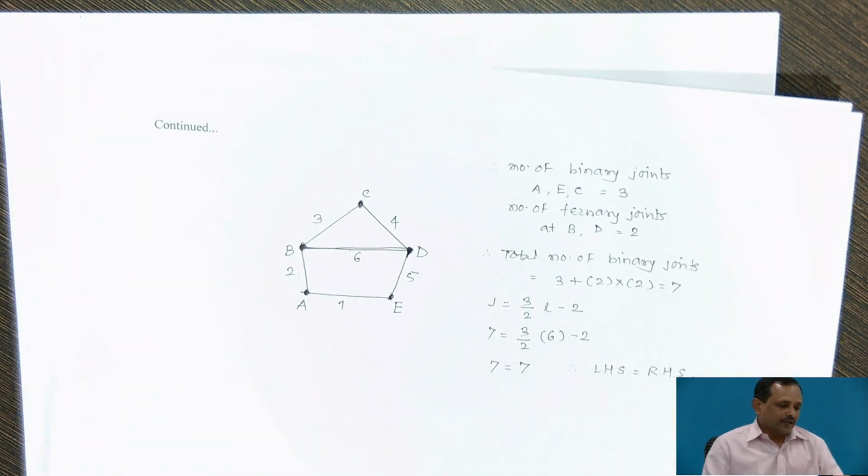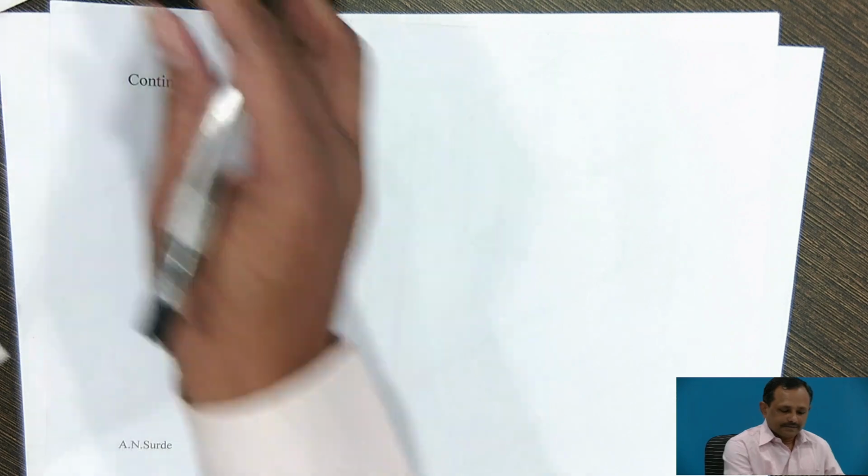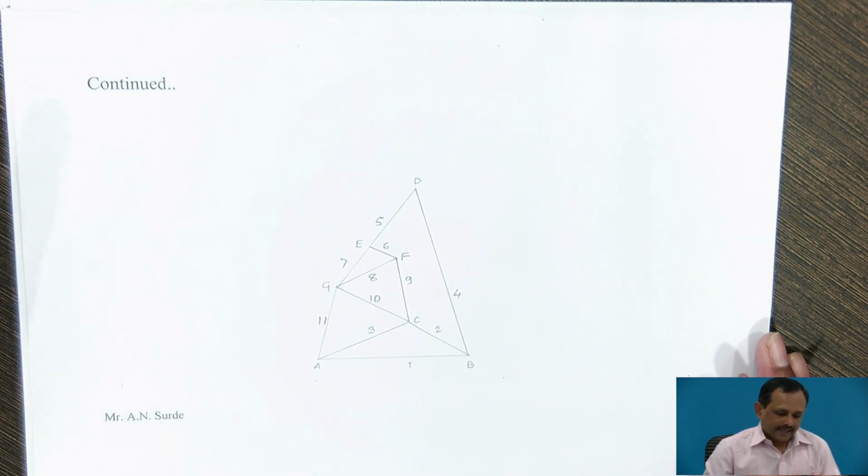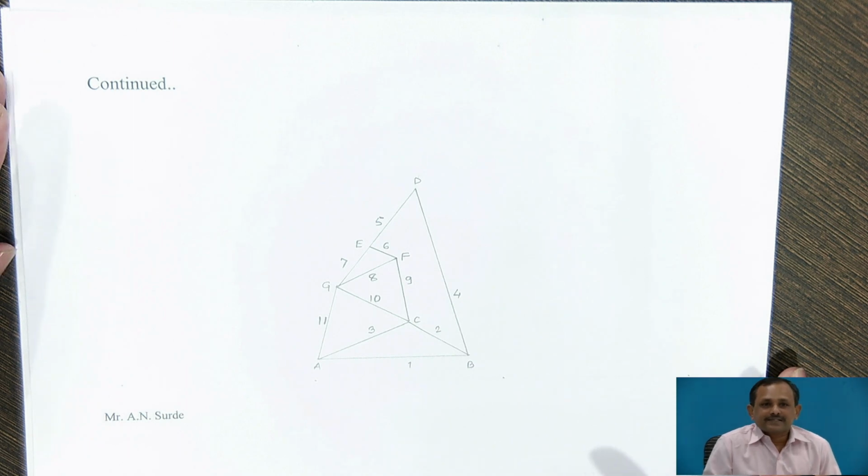Now, we will see one more example. The third type of joint is the quaternary joint. When 4 links are connected at the same connection, it is called a quaternary joint, and one quaternary joint is equivalent to 3 binary joints.